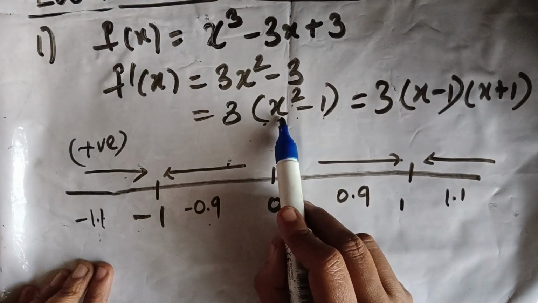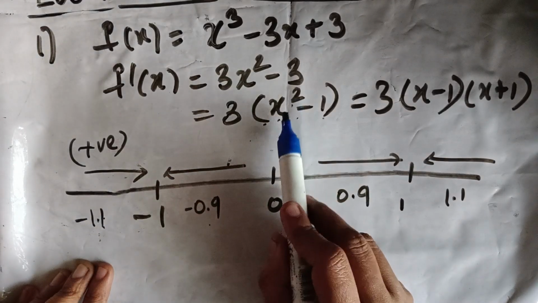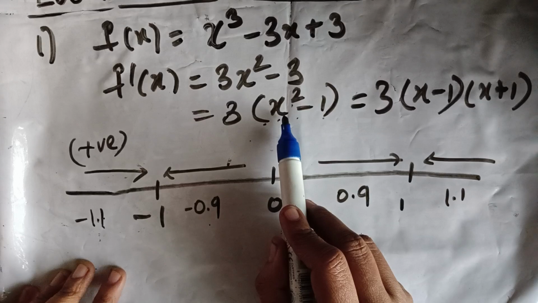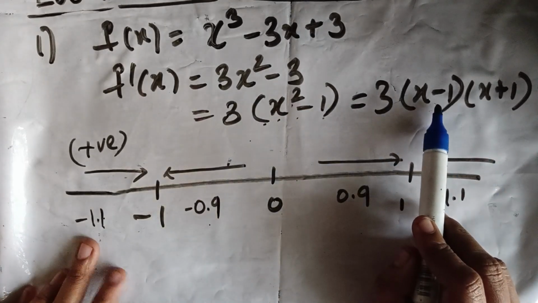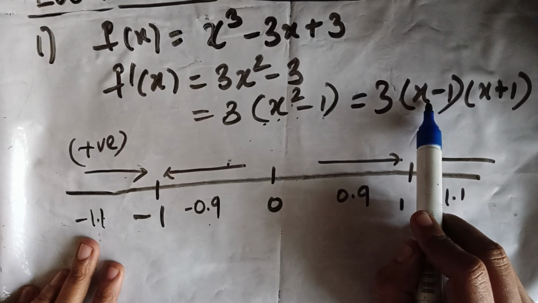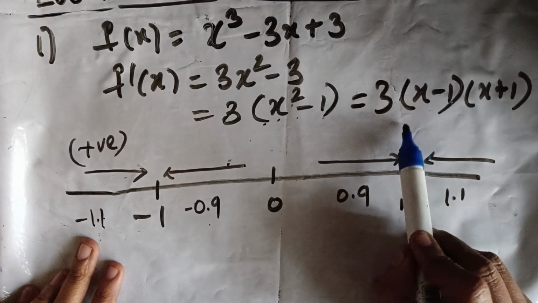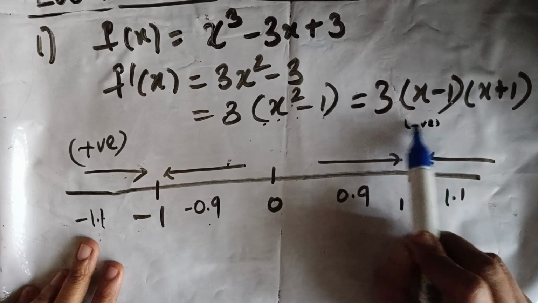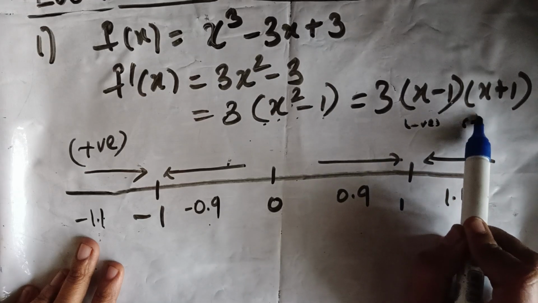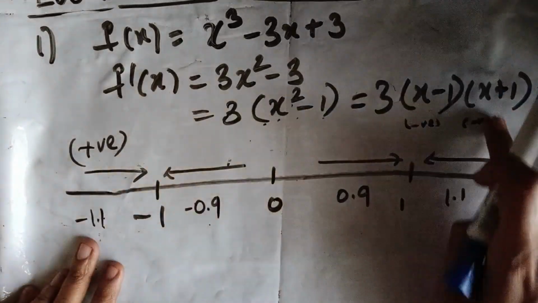Better you put it here only. -1.1 minus 1 is negative, into negative, so positive.